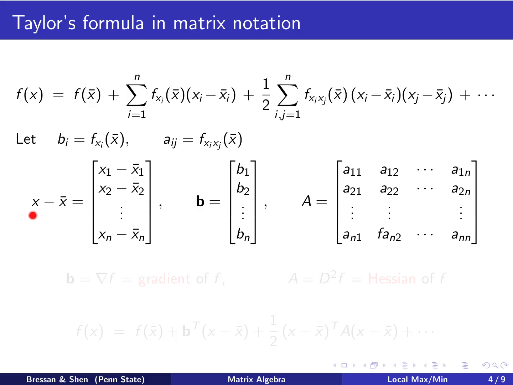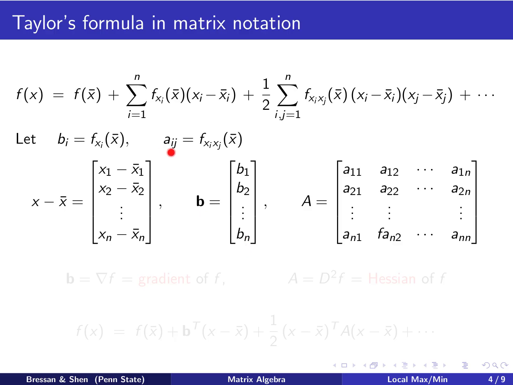So now x is a vector without index. X minus x bar is a vector that is just how far away x is from x bar in each component. This will be the x1 and the x2 and xn. And then for b, we collect all the bi's and write it into a column vector.